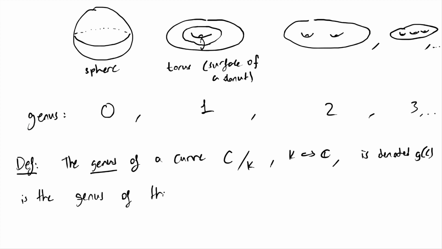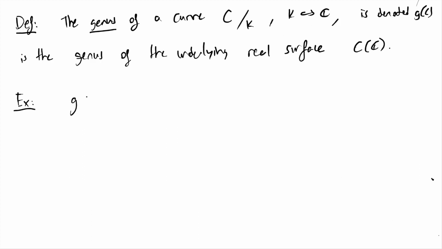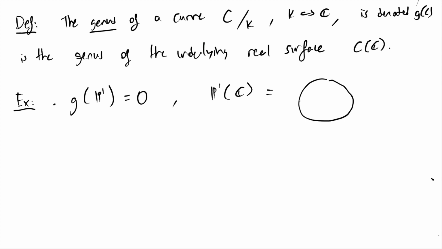So the theorem upstairs says that this set of complex points, this real surface, is either a sphere or a torus, 2 torus, 3 torus, 4 torus, etc. So its genus is some non-negative integer, and this non-negative integer is the genus of the curve. For example, the genus of P1 is going to be 0 because P1 of C, we've discussed this before, is a sphere.